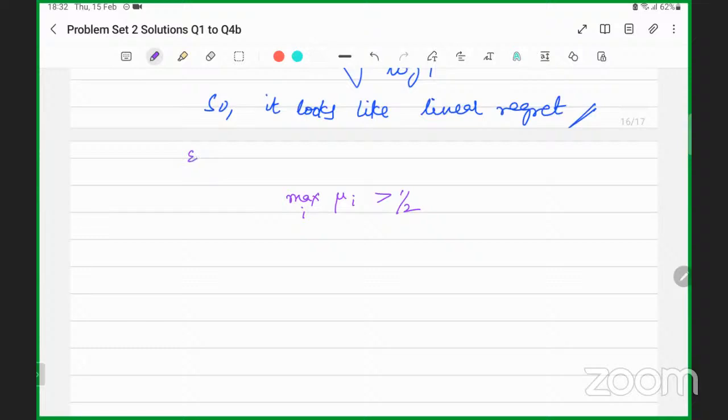We know that the difference between them is epsilon, mu1 minus mu2 equal to epsilon. And the algorithm that we are doing is, whenever the... is this the rule? Can someone read the question and confirm if this is the rule we are doing?